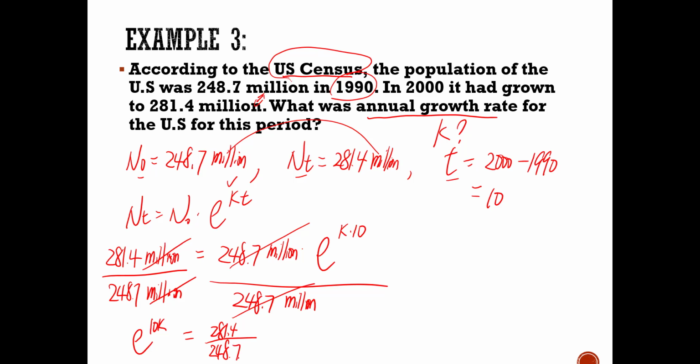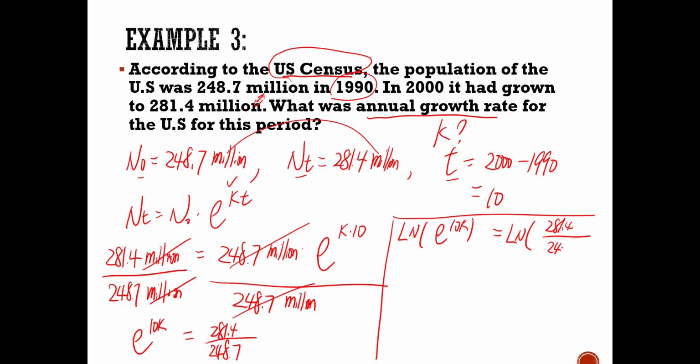248.7. So in order to solve for K, we have to take the ln of both sides of the equation. So we take the ln on the left, we get E. And we take ln on the right, we get 281.4 over 248.7. Taking the logarithm base e.